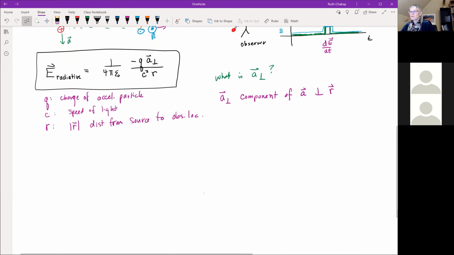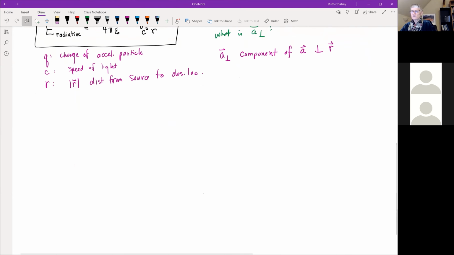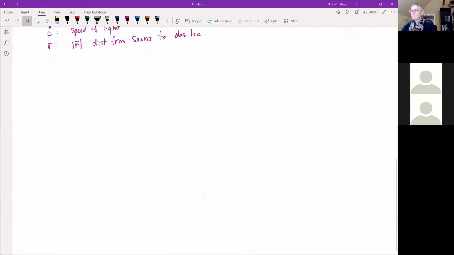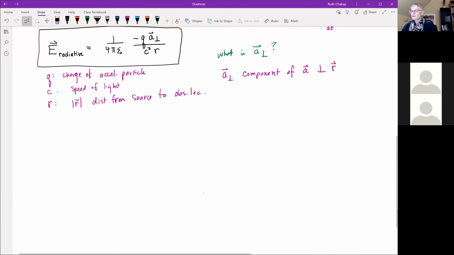It is a projection. So let's draw a picture here and see what it looks like. So here we have a positive charge, and let's say that we were standing here.